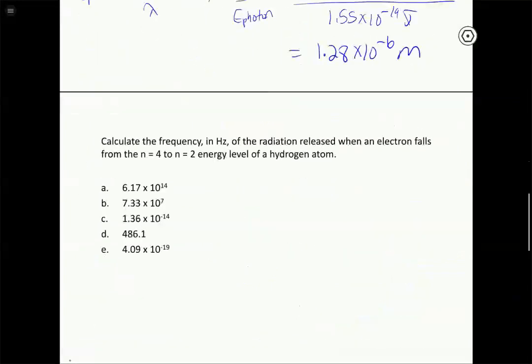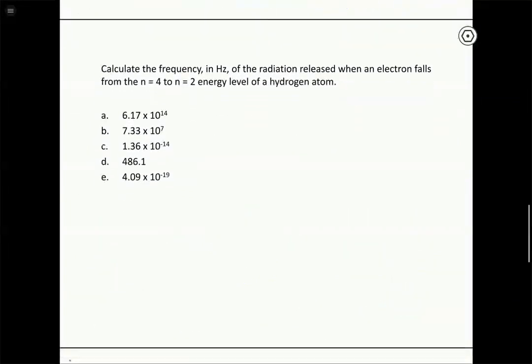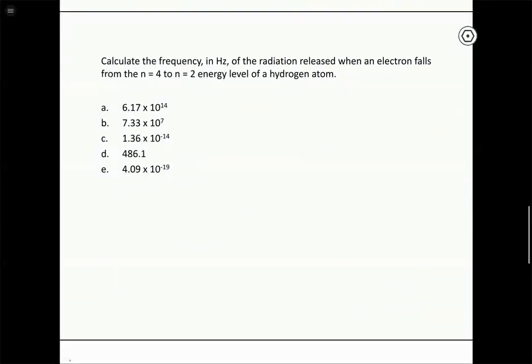So the next one is almost identical to this, just different values of n, but here we're looking for frequency in hertz. I didn't do an exact question like this in class, but what we have to remember is we're still going to use the Bohr equation because we need to find the energy difference. Once we have the energy of the photon, remember that there are really two ways to relate it.